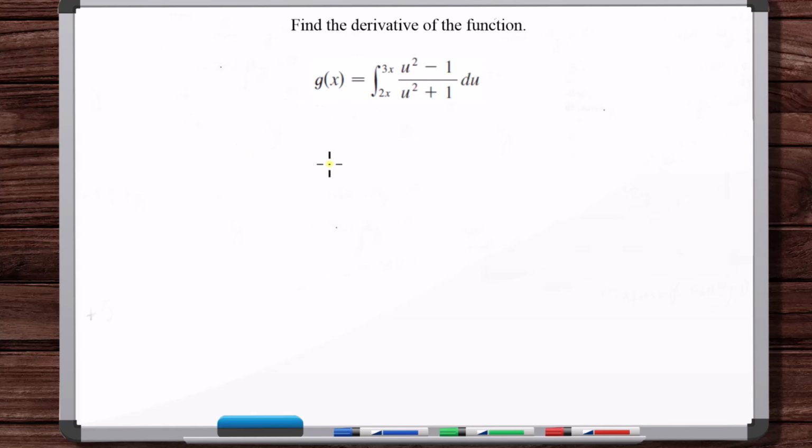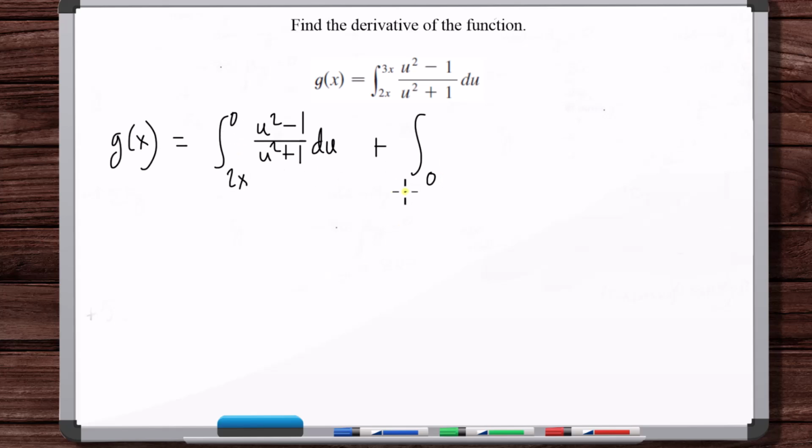We can say that if we go from 2x to 0, and then u squared minus 1, okay, and now we need to put the 0 here, and then 3x, then these two are equivalent.